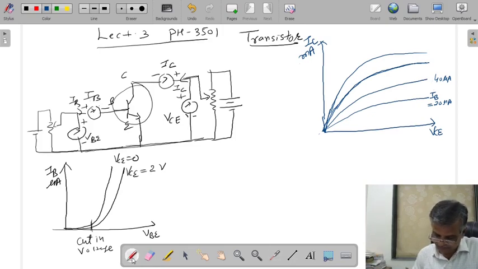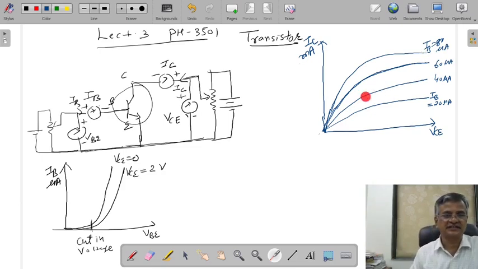If you keep the base current at 60 microampere, then this is the graph for IC versus VC. If the base current is 80 microampere, this is the graph of IC versus VC. This is called output characteristics.